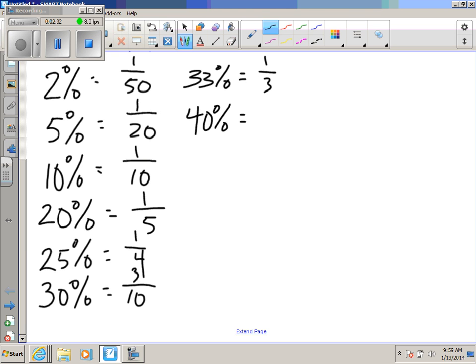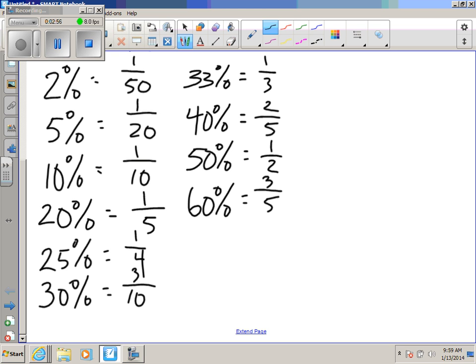If 20% is 1/5, then 40% must be 2/5. 50% is going to be half. 60%, again, 20 is 1/5, 40 is 2/5, 60 must be 3/5.